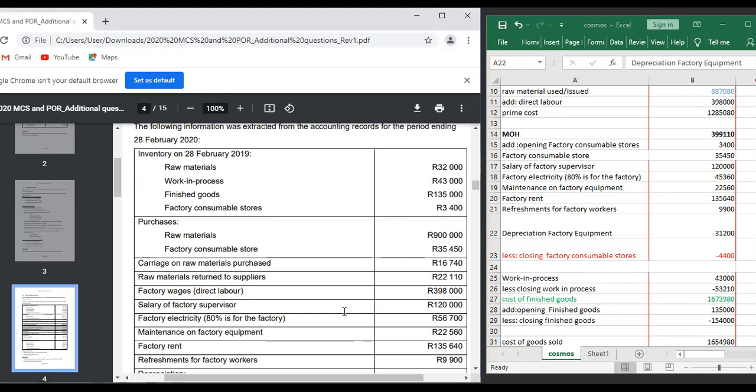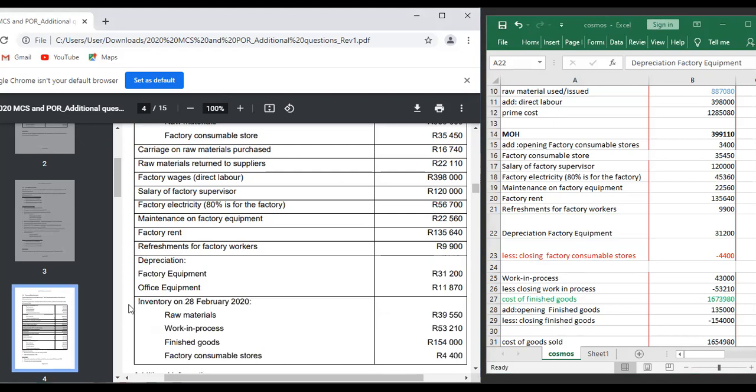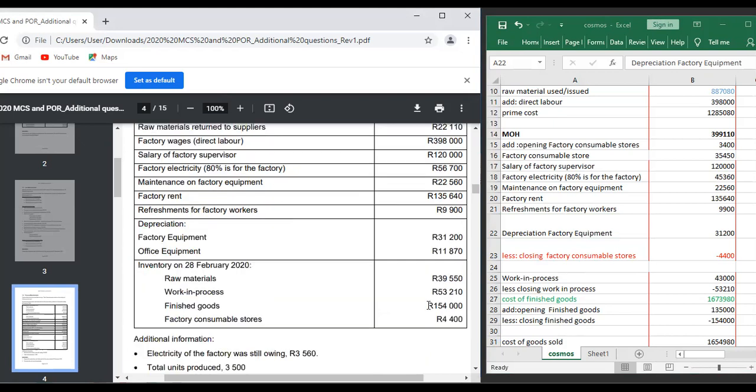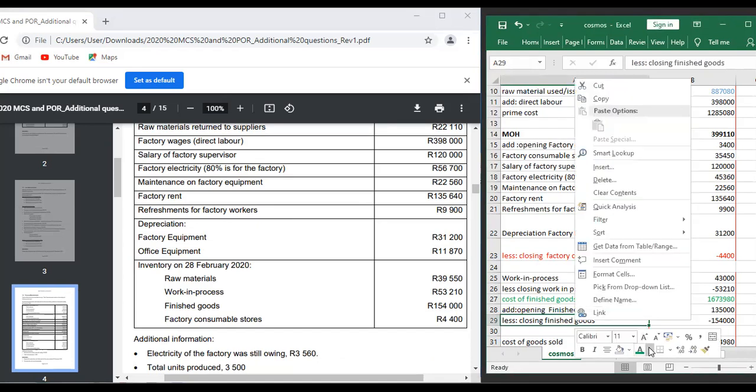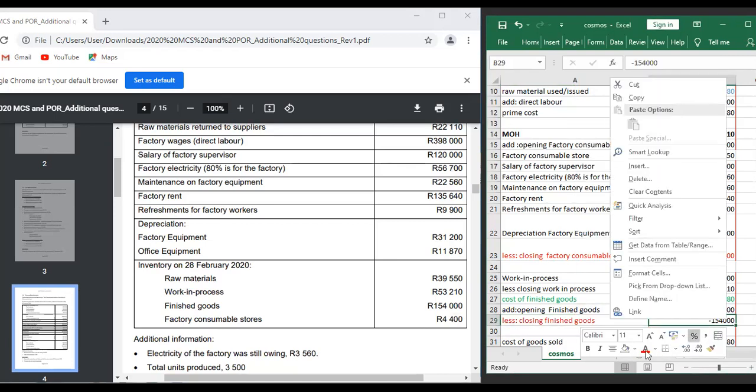And then we need to less the closing finished goods of 154,000. There's our closing finished goods. I also want to highlight it in red. This one we have to subtract. In other words, all the closing balances we do subtract.